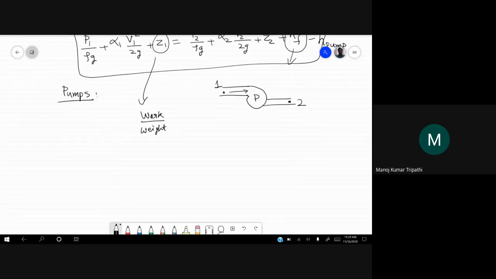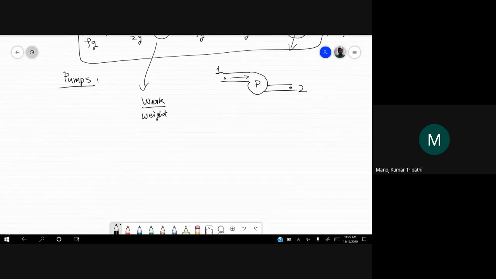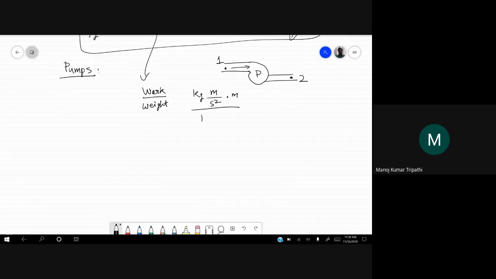You can see work has dimensions of, so I am writing the SI units here, mass times acceleration times a displacement, because that is force times displacement, that is the work, and then weight is mass times gravitational acceleration, that is meter per second square.